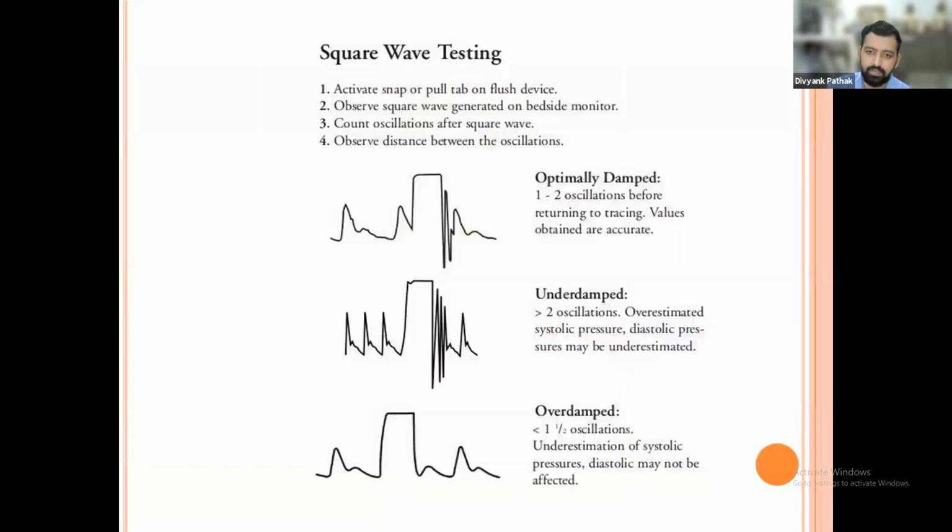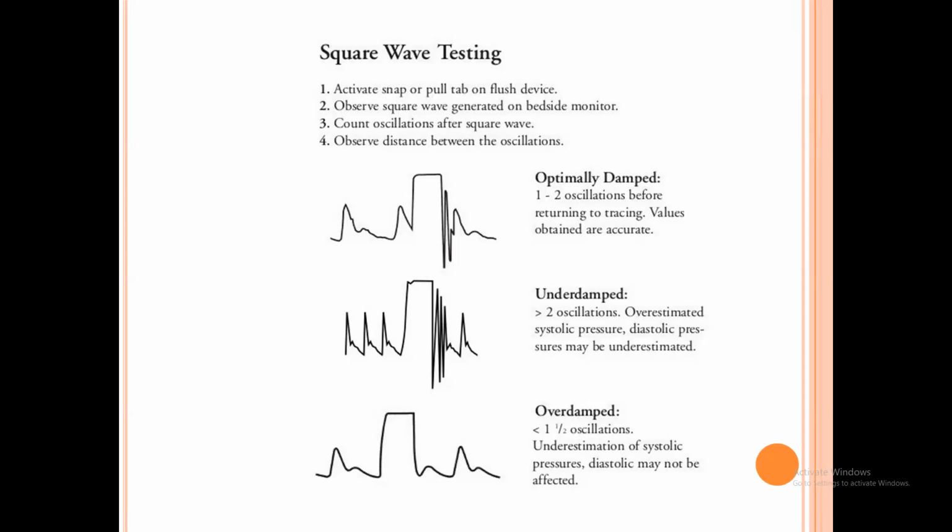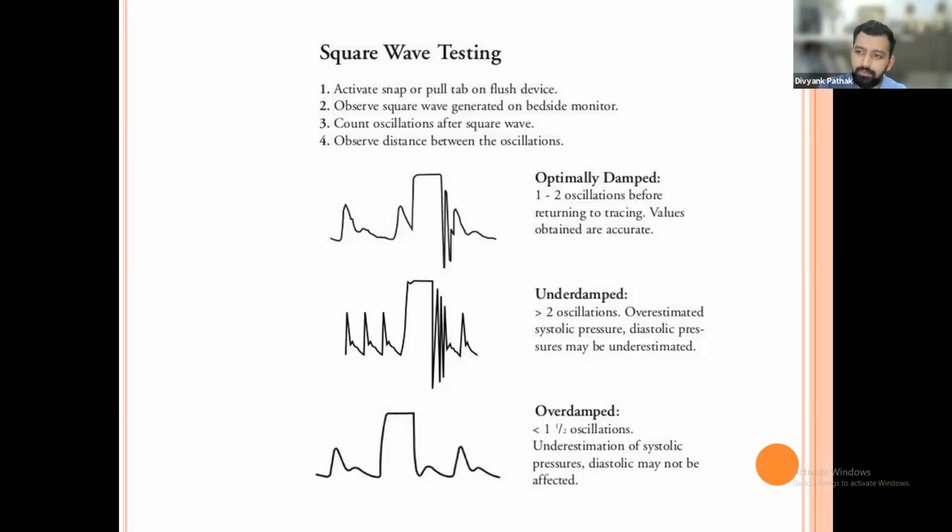I'll go into detail. So in simple language, whenever we have confusion about whether the waveform is normal or not, we have to check for the dampening. For that, you have to flush the system with fluid. The technicalities, how to flush, how to connect, what the specific waveform is, and what its characteristics depict, will come forward and we'll learn about that.